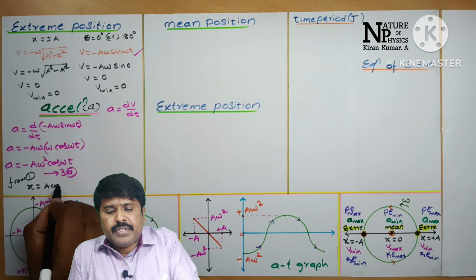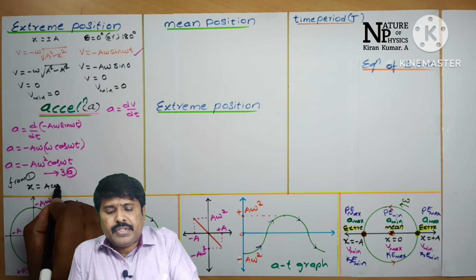Velocity equation is v which is equal to minus omega root over a square minus x square, and here velocity is equal to minus a omega sine omega t. Okay, both are replacing now.